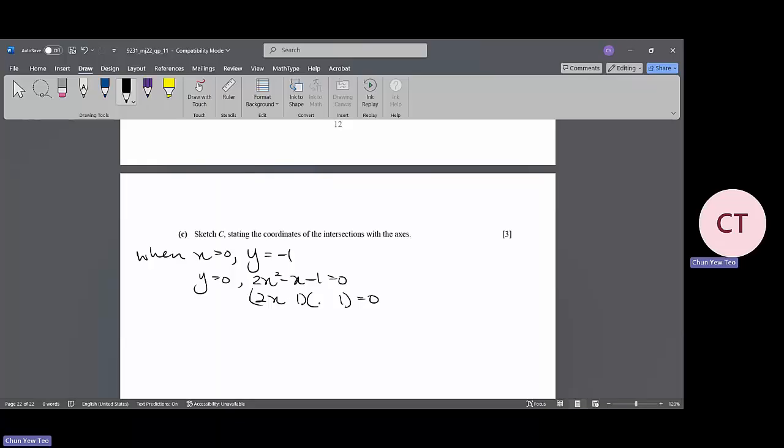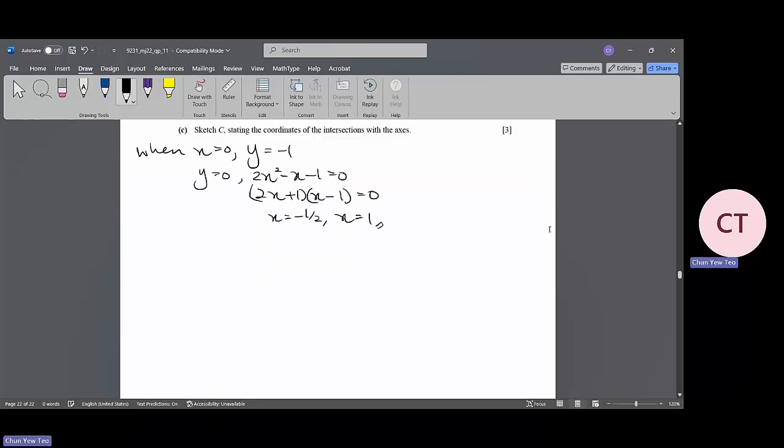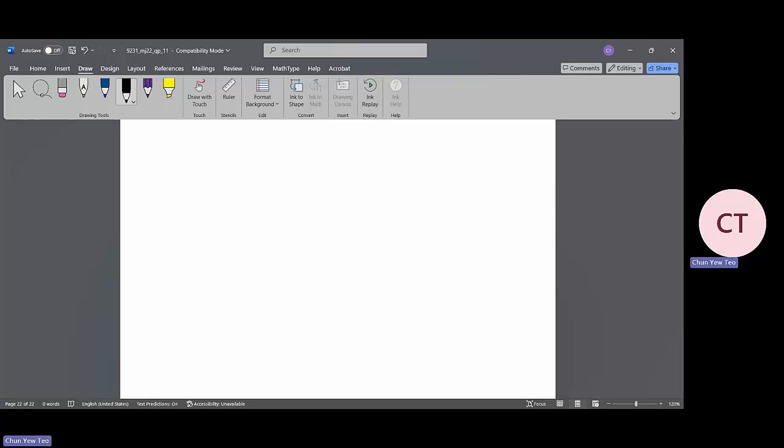Then you will get this as a negative. Positive, you get x equal to -12 and x is equal to 1. So from here, I draw with freehand, so you just have to understand.